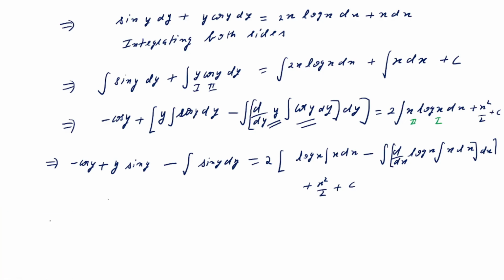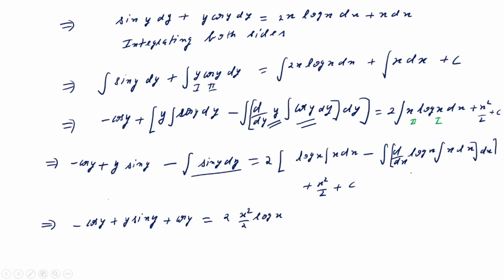This implies that minus cos y and plus y sine y, you will get the integration from this segment minus plus cos y, because the integration of sine y is minus cos y. You have a 2 and this gives you x square by 2, so you have x square by 2 log x remains.